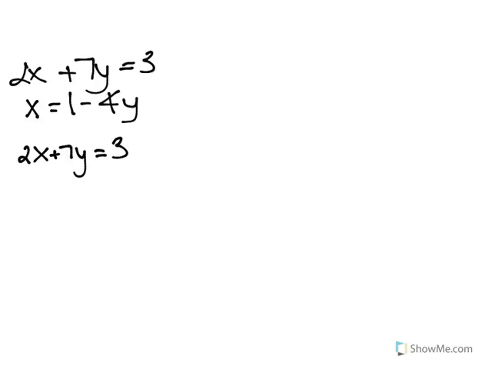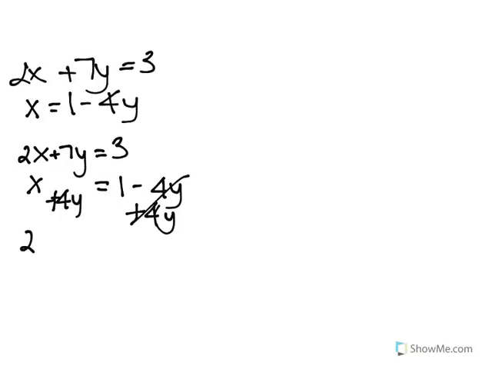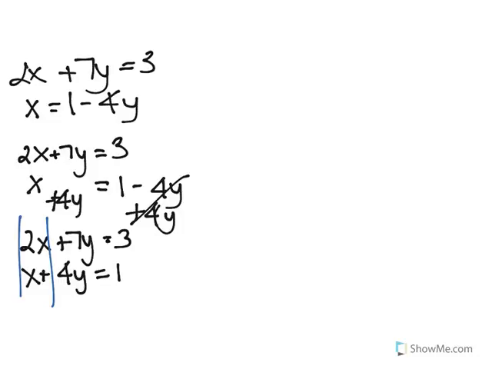And I'm going to rewrite the bottom equation. I'm going to move this 4y over by adding 4y to both sides. Okay, and now I have all of my x's in a row, I have all of my y's in a row, and I have all of my constants in a row.